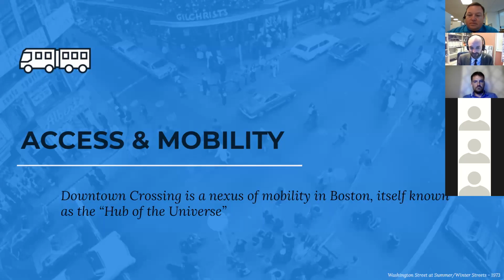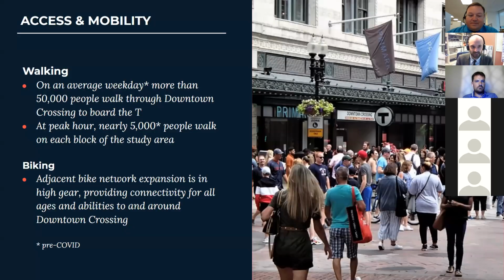So again, Downtown Crossing, as somebody said, it's a nexus of mobility in Boston, which of course is itself known as the hub of the universe. And first and foremost, when we talk about access and mobility, I think it's really, really important to talk about walking. On the average weekday pre-COVID, we had more than 50,000 people a day walking through Downtown Crossing to board the T. And in a single hour at peak hour, many of the blocks in the study area have more than 5,000 pedestrians in just 1 hour, which is huge volumes.